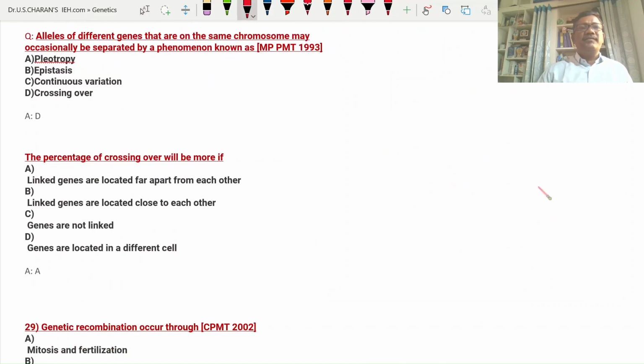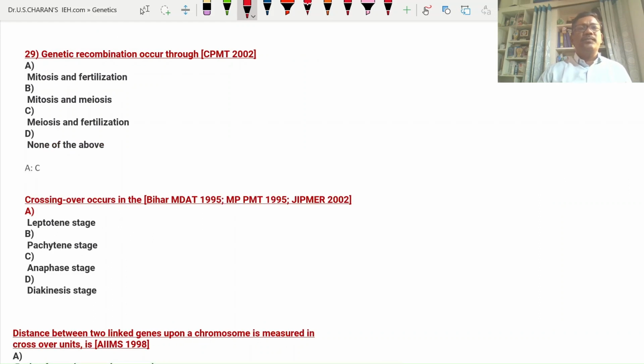Another question: alleles of different genes that are on the same chromosome may occasionally be separated by a phenomenon called what? The genes located on one chromosome are called a linkage group. Those genes are linked genes, but sometimes they are separated, involved in crossing over, and form new genetic recombinations. That is the answer. Genetic recombination occurs through mitosis and fertilization?